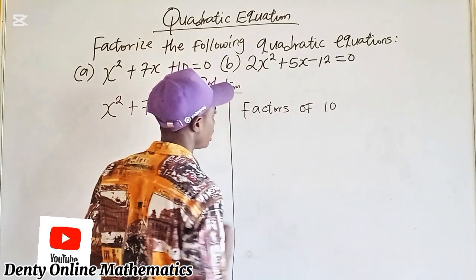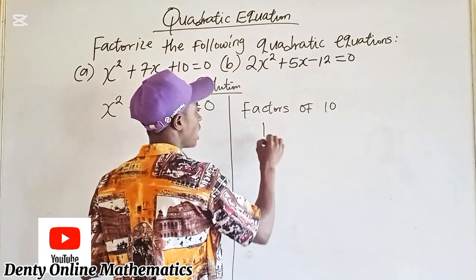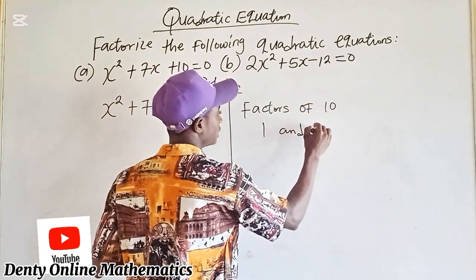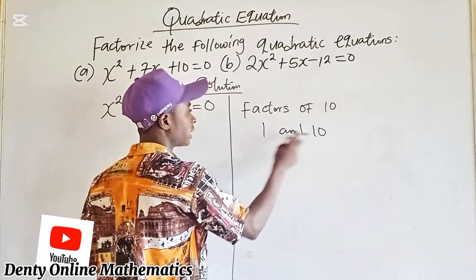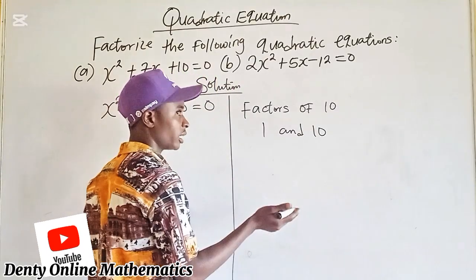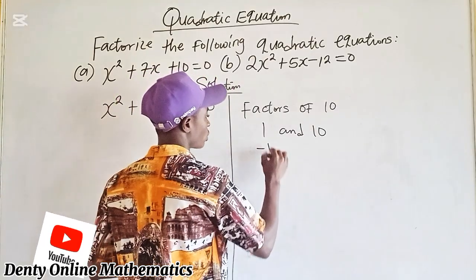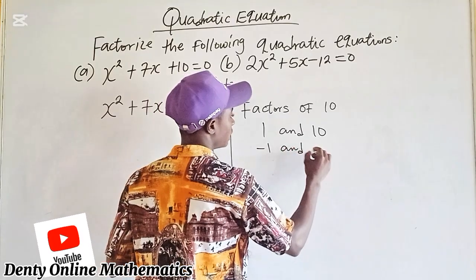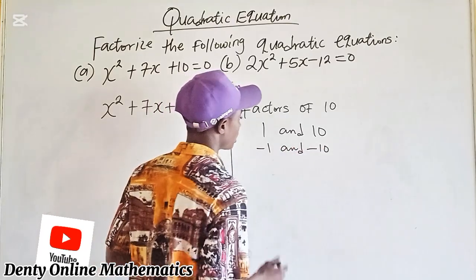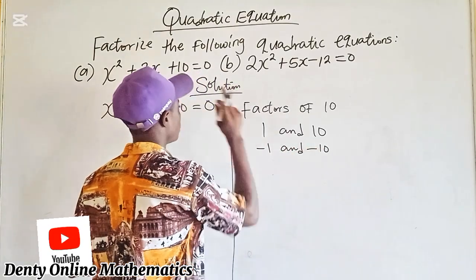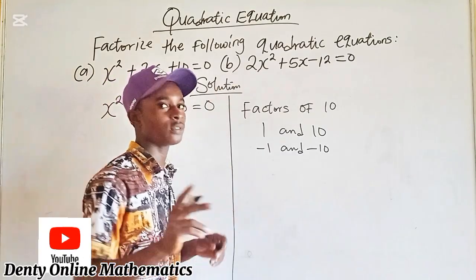So factors of 10 can be 1 and 10, because 1 times 10 will give us 10. It can also be minus 1 and minus 10, because minus 1 times minus 10 will also give us a positive 10.